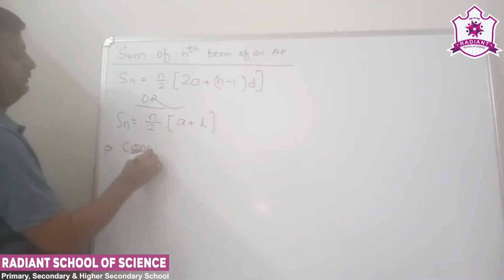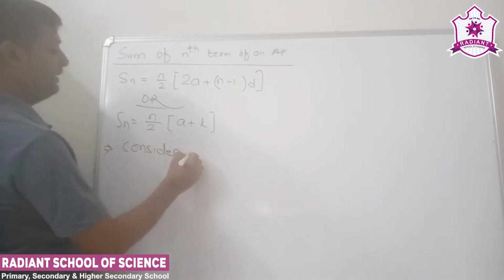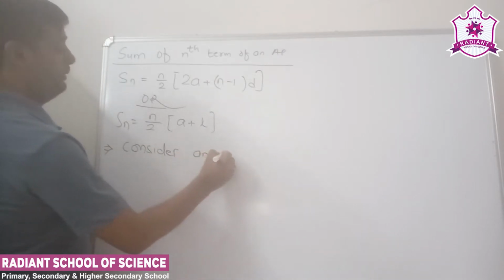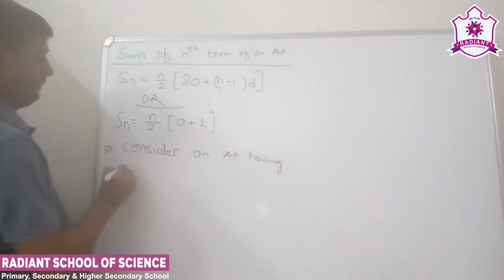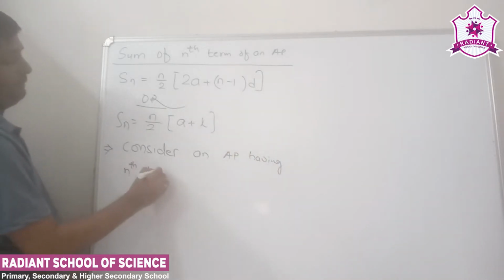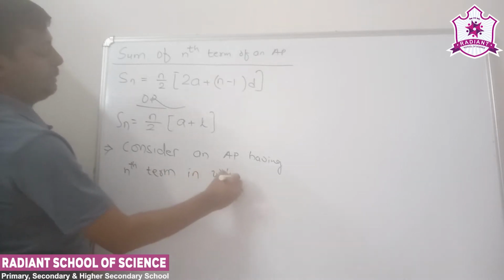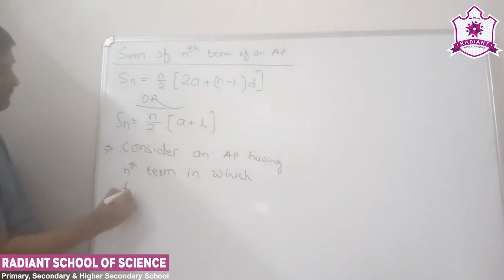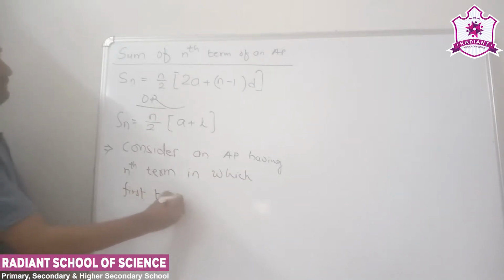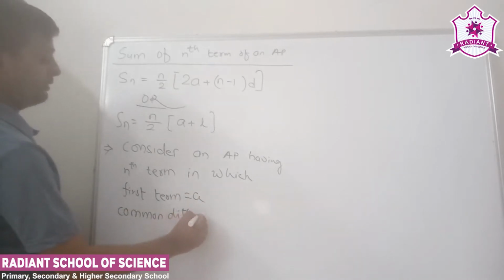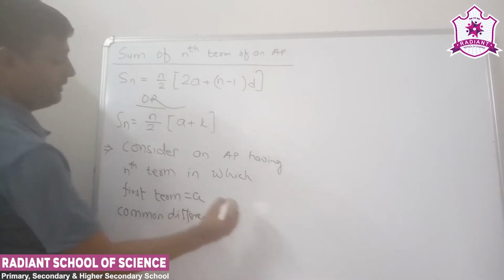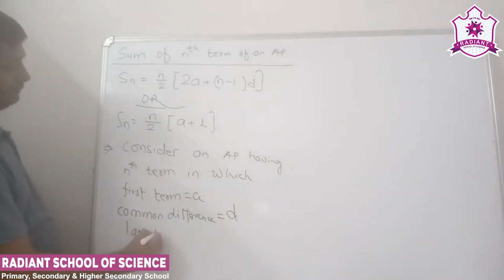So consider an AP having n terms, in which the first term is a, the common difference is called d, and the last term is equal to l.